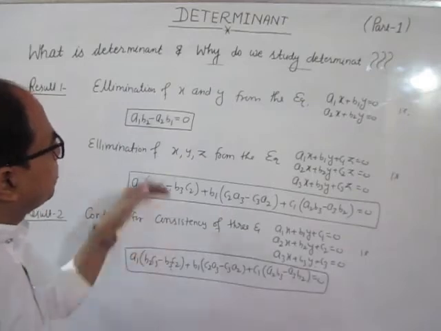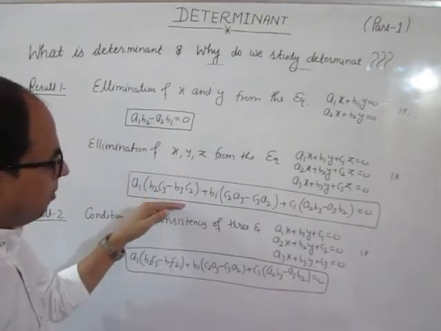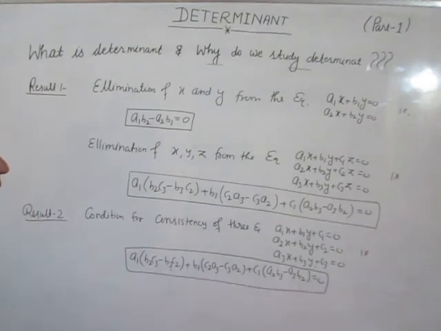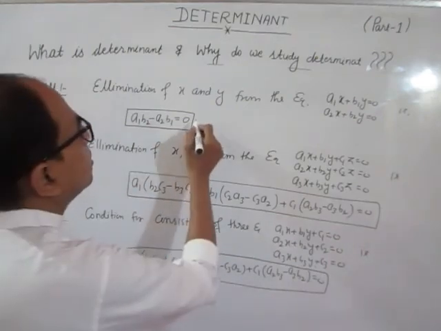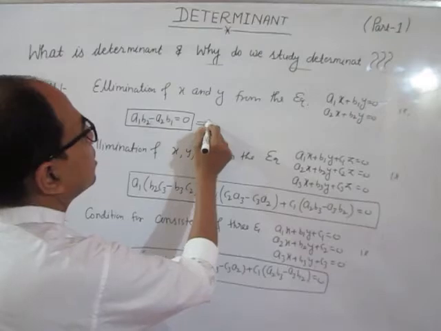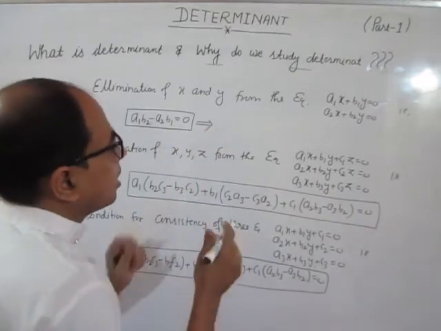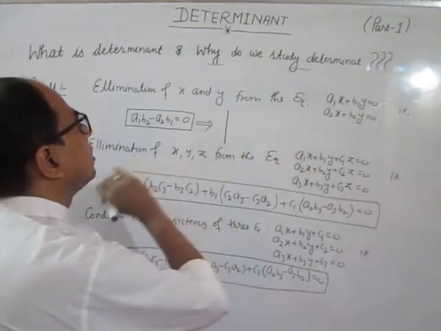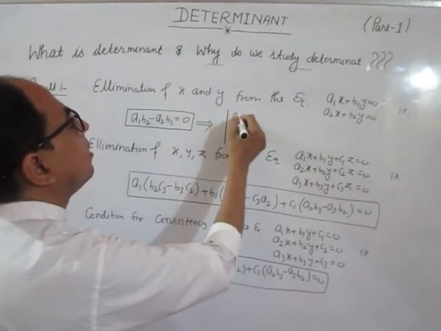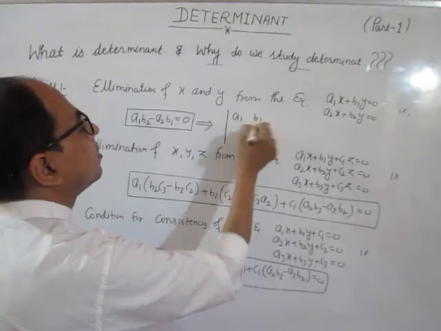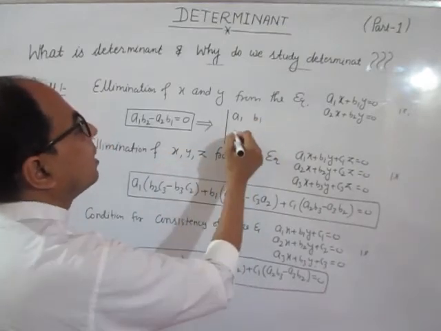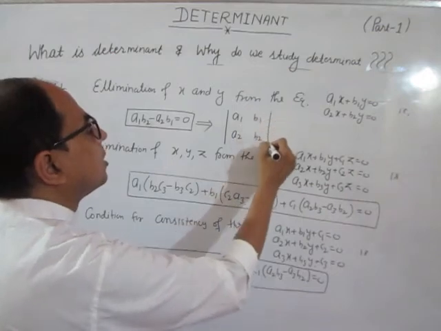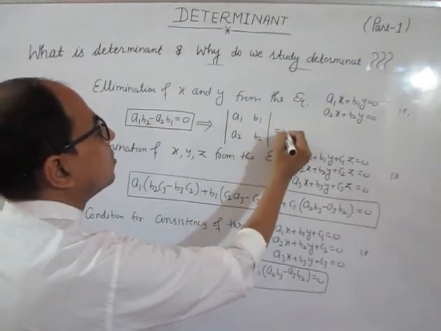So these expression can be written in concise form. For example, this result can be written in concise form in this way: vertical line A1 B1 first row, A2 B2 second row, and then vertical line equal to 0.